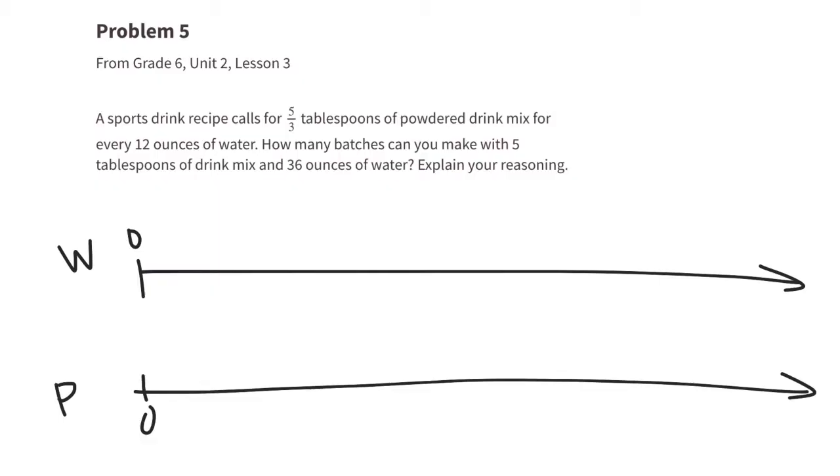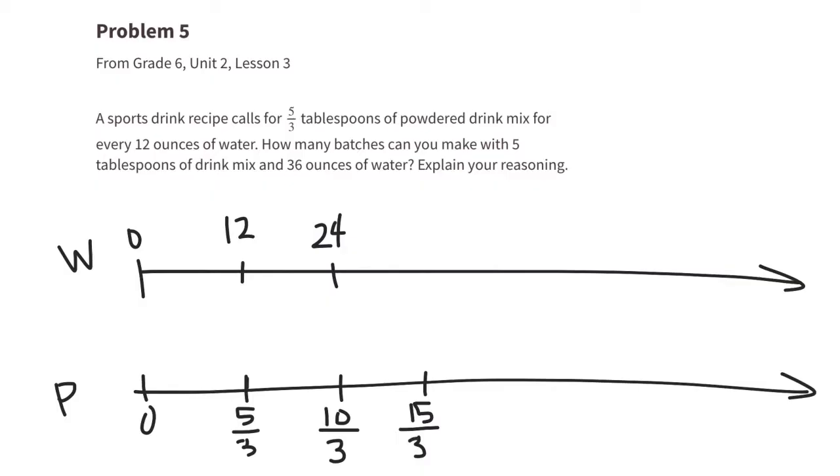And so we know that 5/3 is 12 ounces of water. If we add another 5/3, that's 10/3, we're going to add another 12 ounces. And then we add another 5/3, so that's 15/3.